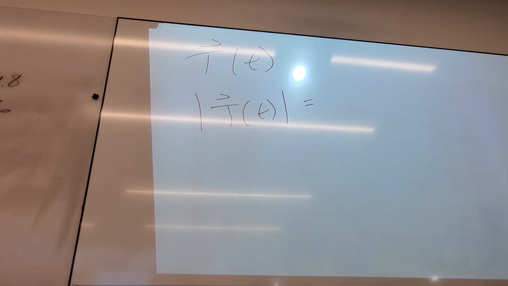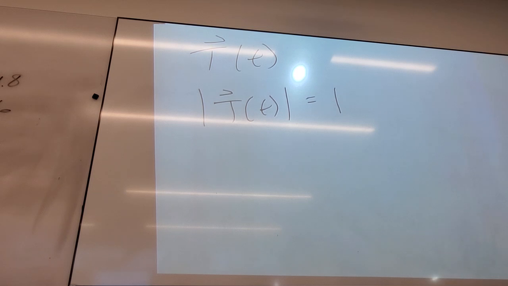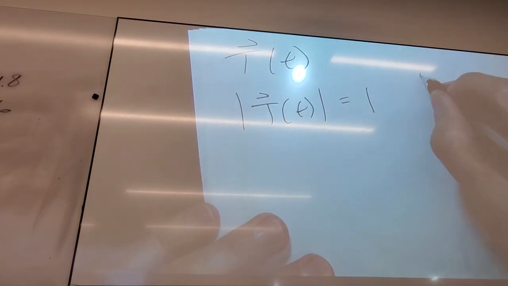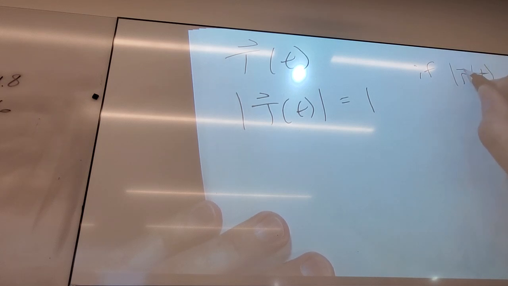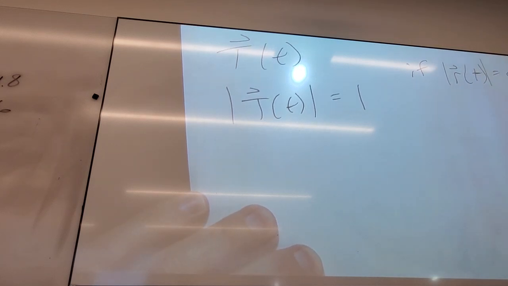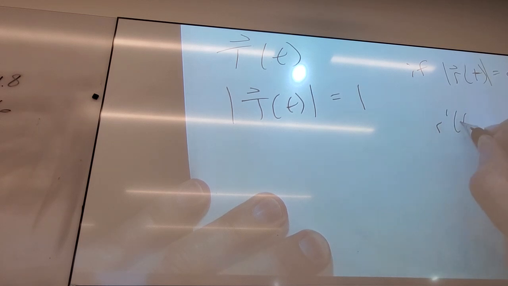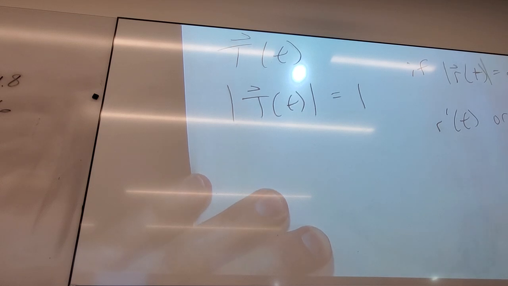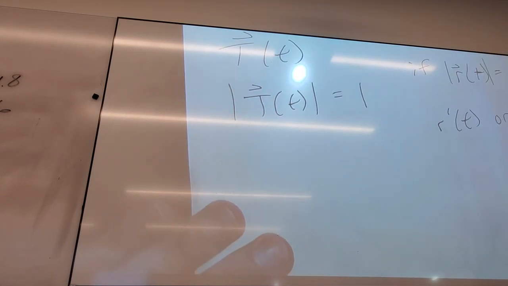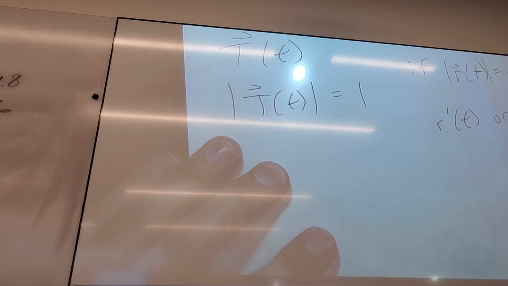T is the unit vector, so its length would always be 1. So, a little side note, to bring this back for a second: if the length of r of t is a constant, then r prime of t is orthogonal, or perpendicular, to r.